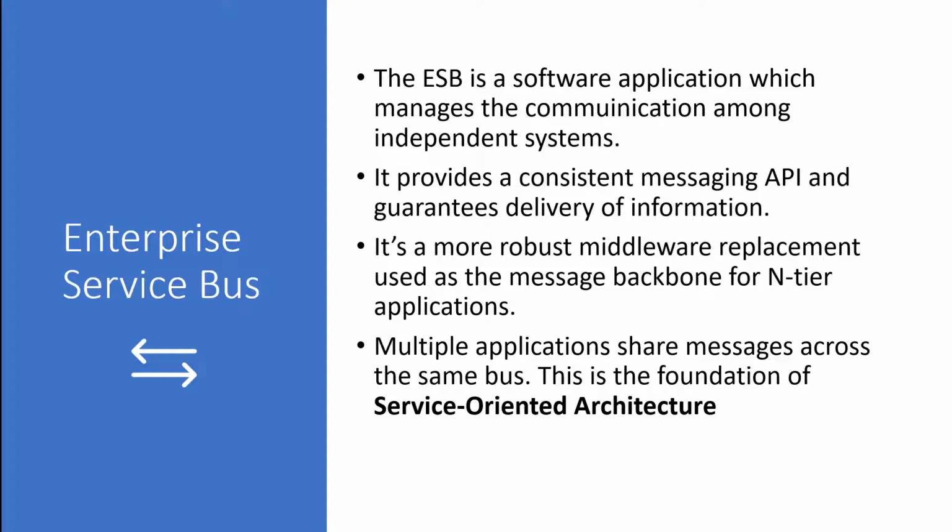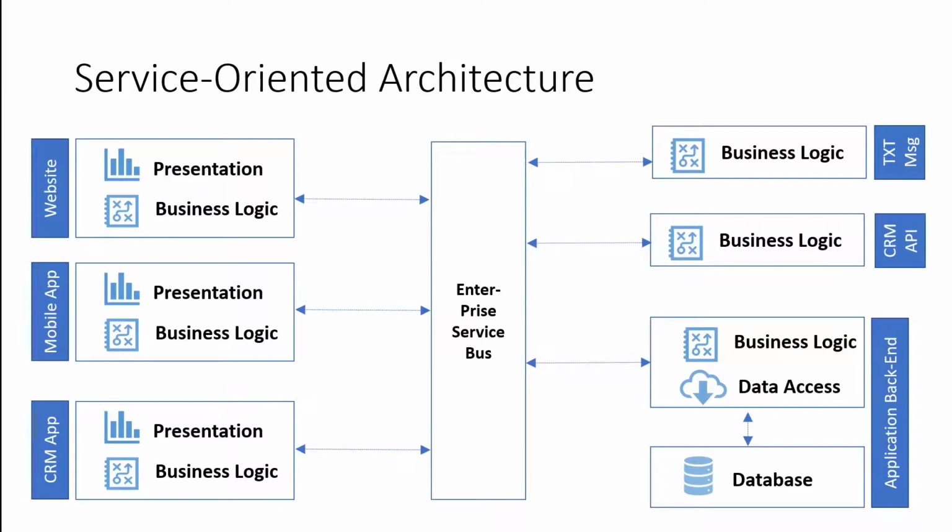What's kind of neat about an Enterprise Service Bus is the one Enterprise Service Bus can serve every application in your enterprise. That's why it's called an Enterprise Service Bus. So the messaging that the Enterprise Service Bus handles could be used across not only this particular application that you're looking at, but also 4 or 5 or 10 or 15 others as well. And it handles all of the messaging concerns.